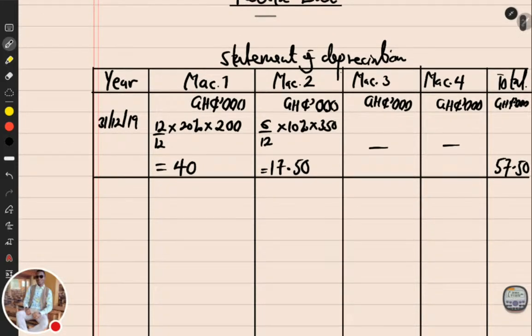Then you move on to the next year, 31st December 2020. So here, what we are doing is providing for the depreciation of these machines, these assets that we have as non-current assets.